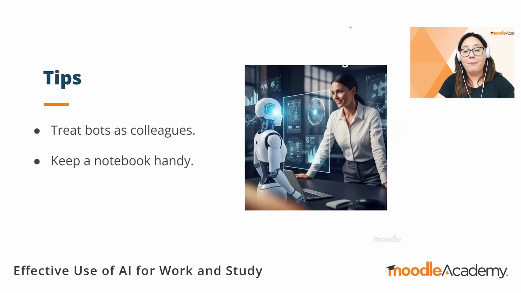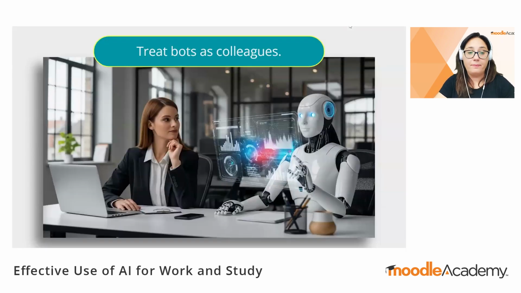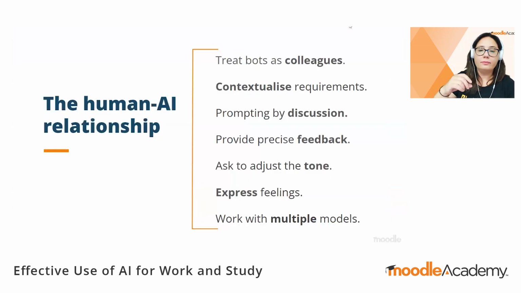So, my two takeaway tips will be: treat bots as colleagues and keep a notebook handy. And what I mean by treat bots as colleagues is that it's better not to consider AIs as the source of truth, the source of the whole knowledge.